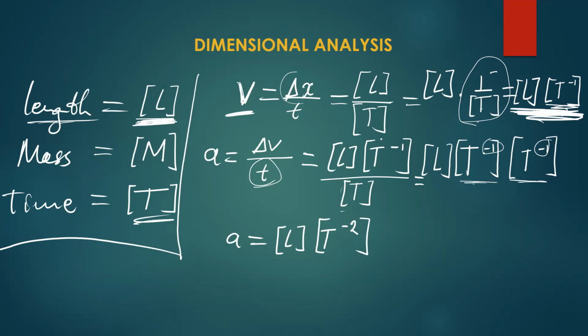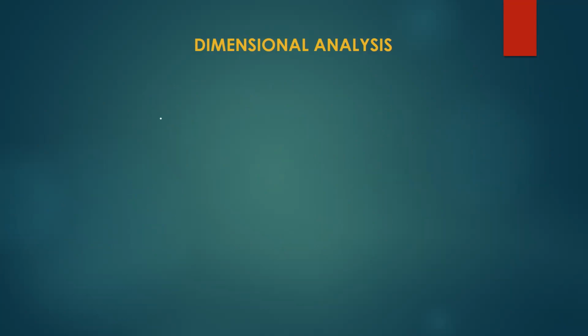Now, the question is, how can you know how to do this in a simpler version? The simplest way to know how to derive these formulas is just by using their units. So we know to say the velocity is measured in meters per second.